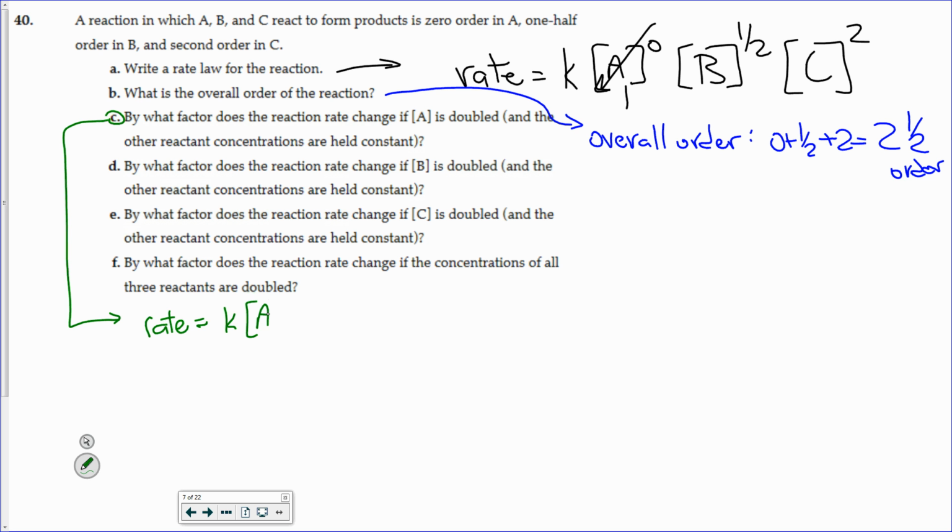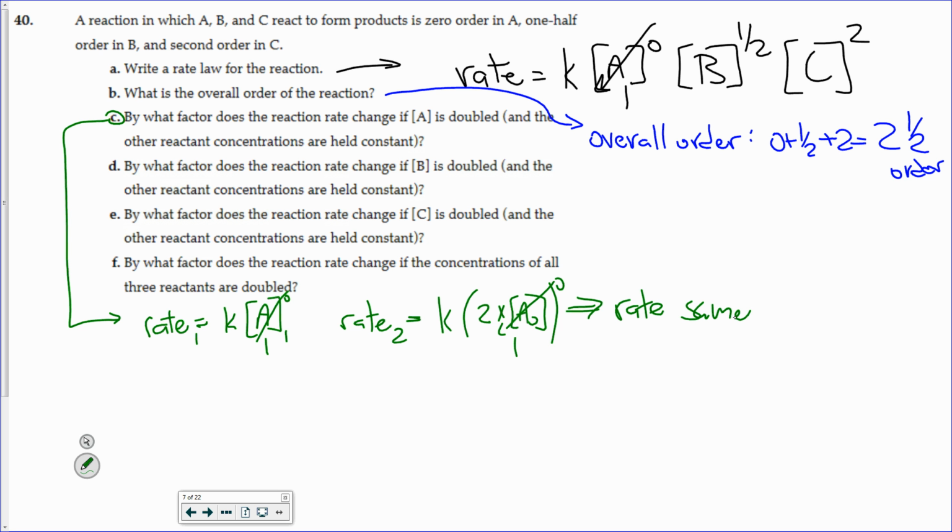So if A is to the zero power, I want to compare rate 1 versus rate 2, where rate 2 is going to be 2 times the concentration, so 2 times A naught, whatever that original concentration was, but it's still the zero power. It doesn't matter what it is, this is still going to be 1 in both cases, so they would be the same. So the rate is the same regardless of whatever the initial concentration is. So it doesn't change on that one.